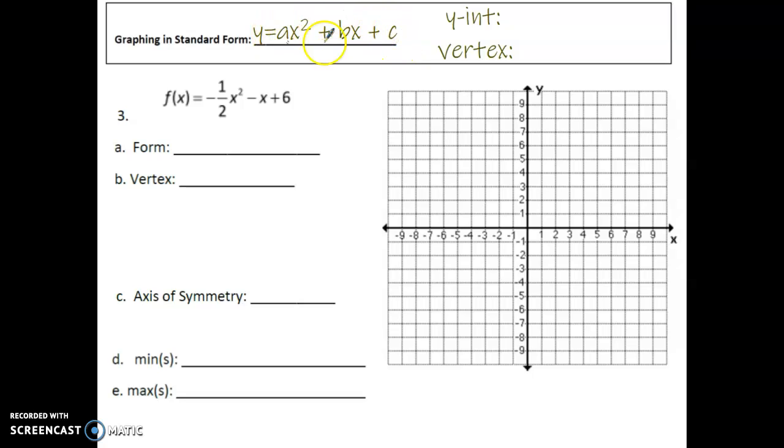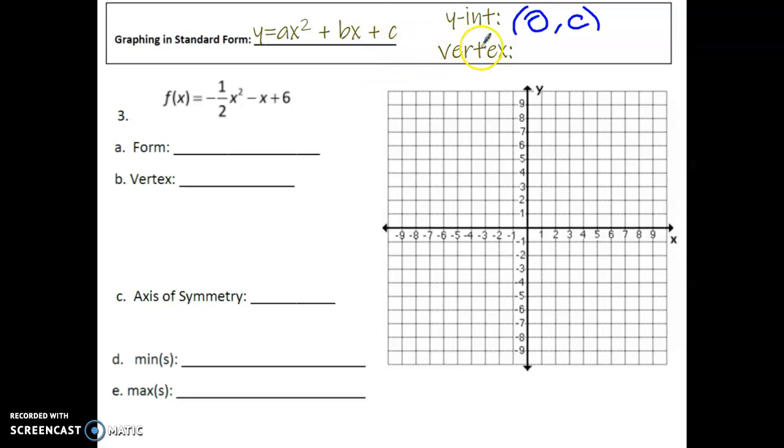So if this is out of order, for example, if the x squared term was written over here for some reason, first thing you would want to do is rearrange it to put it back in the correct form. So this one, if you remember from what we wrote down on the first day of notes, from standard form, we can most easily find the y-intercept, because when we put 0 in for our x's, we end up with c. This constant right here is going to be how we find our y-intercept.